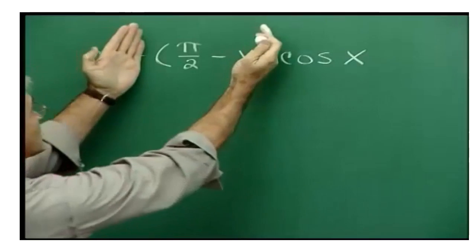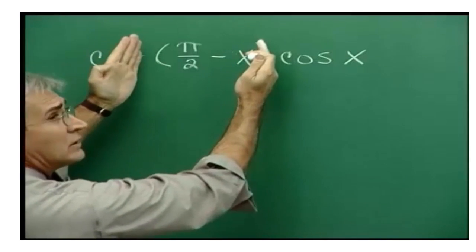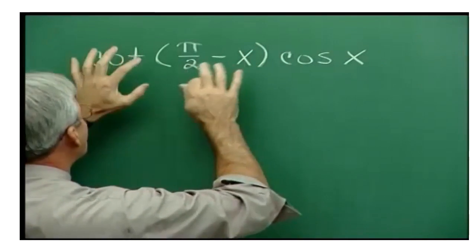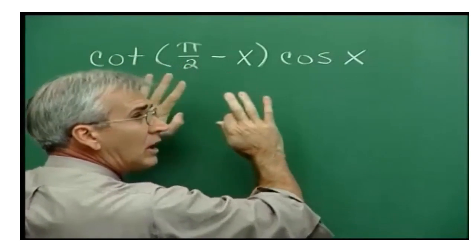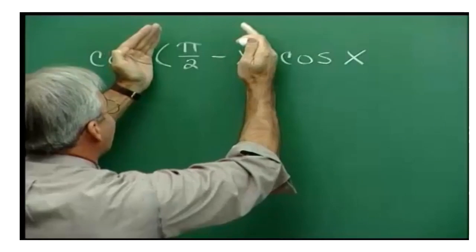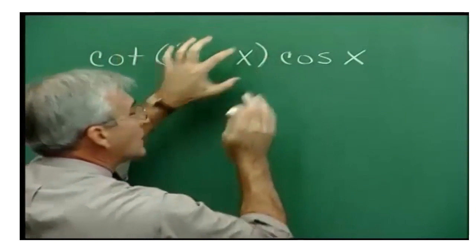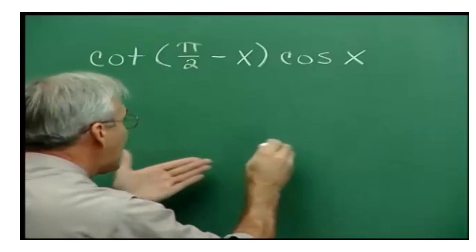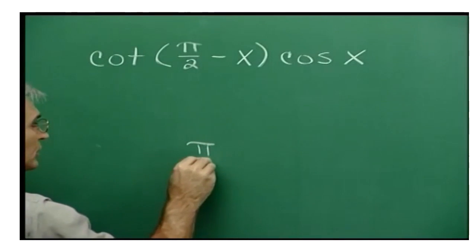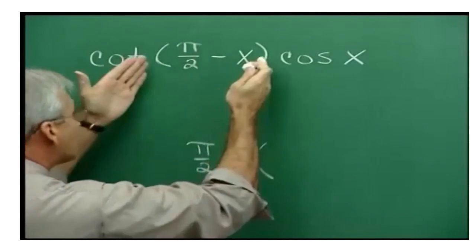All this is the complement of x, and so this can be rewritten in a very simple way. Let me go through the algebra of writing the complement of that angle. The complement of an angle is found by taking pi over 2 and subtracting the given angle.